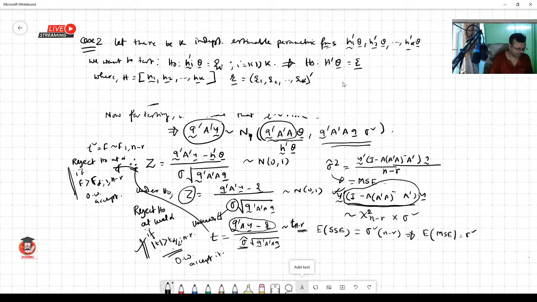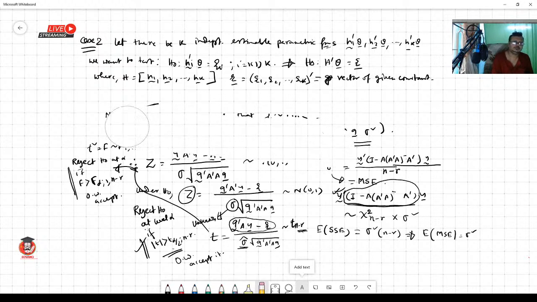Moreover, xi is a vector of given constants.